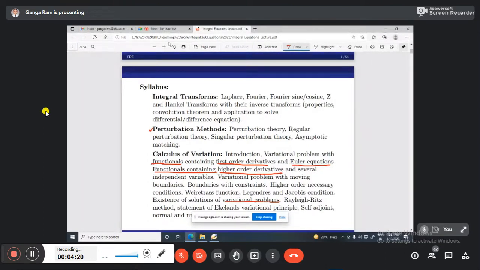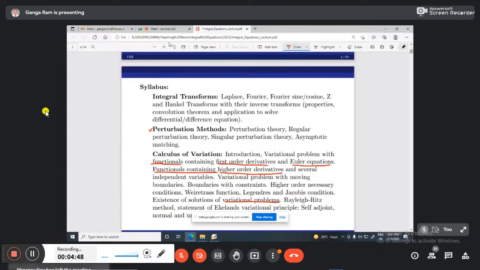First of all, mathematical methods is based on integration and differentiation, which means mathematical methods is based on calculus. Basically, calculus is a subject in which we study the differentiation and integration of various types of functions.